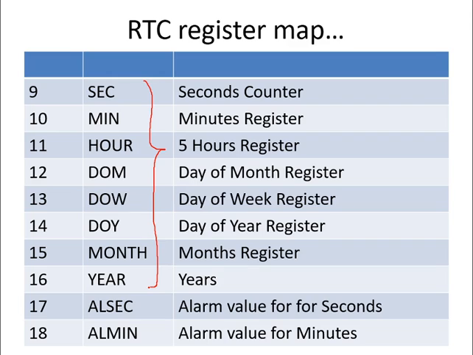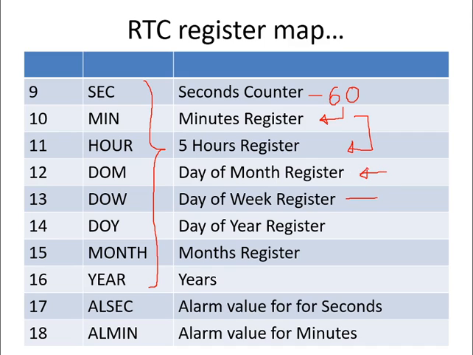What you need is a seconds counter, minutes counter, hours, day of month, day of week, day of year, months. So when the seconds counter is incremented and it reaches 60, what will happen? It will increment the minutes counter by 1. Then when that completes 60, it will go to the hours. When 24 hours are completed, it will change the day of the week and day of the month.